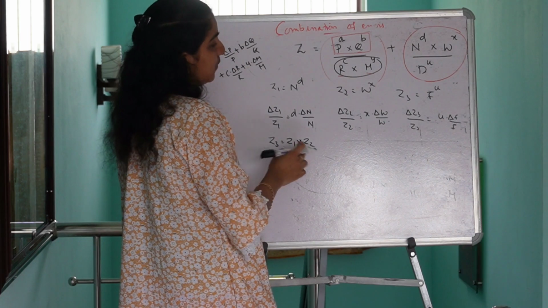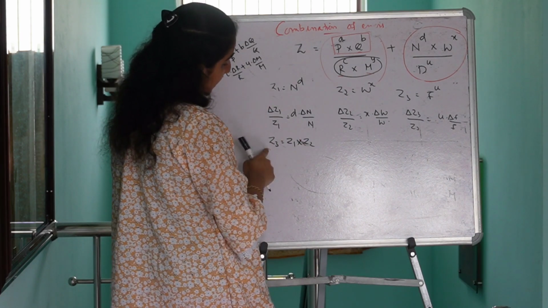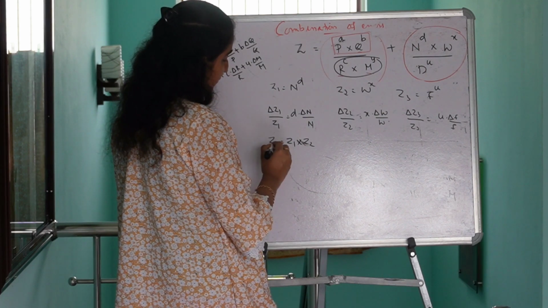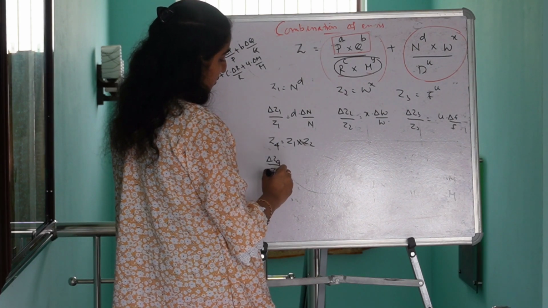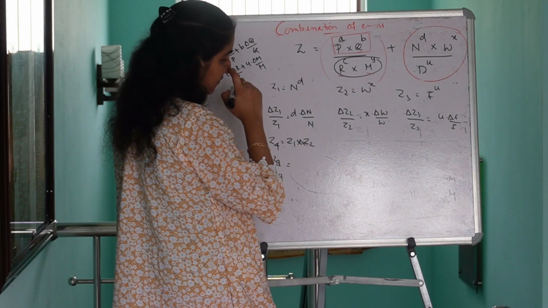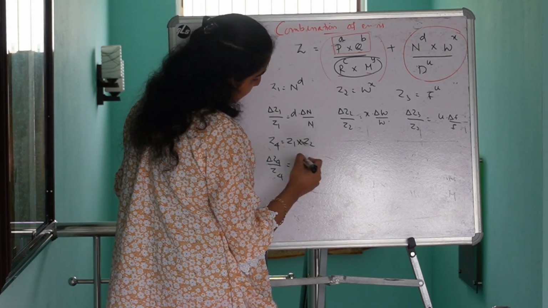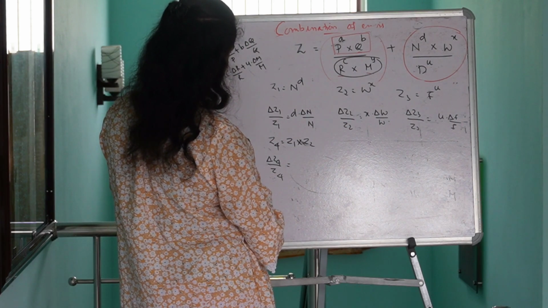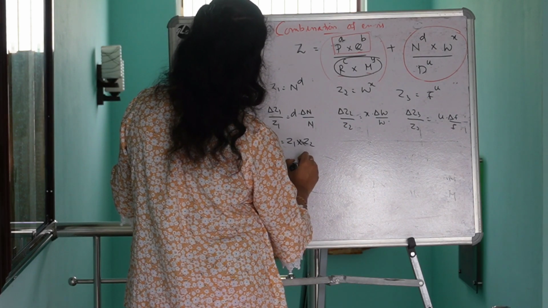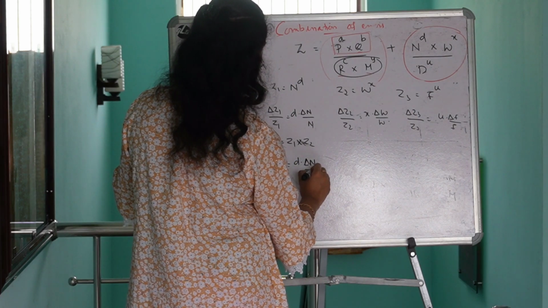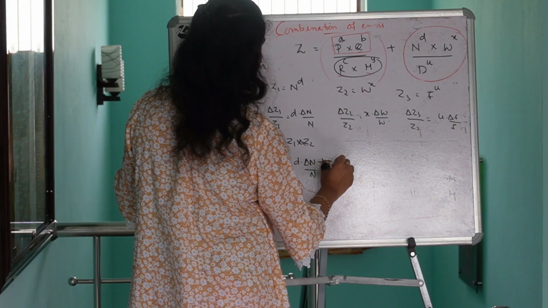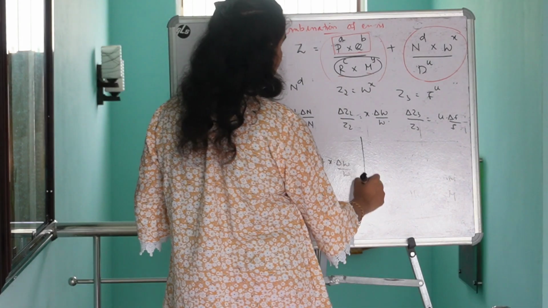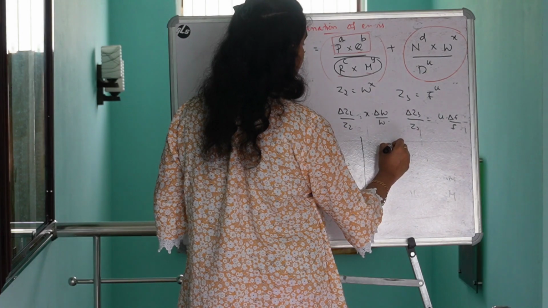So what is del Z4 divided by Z4? It is nothing but d del n by n plus x del w by w. Is it clear, guys? So this is the numerator, and now let's consider the denominator.